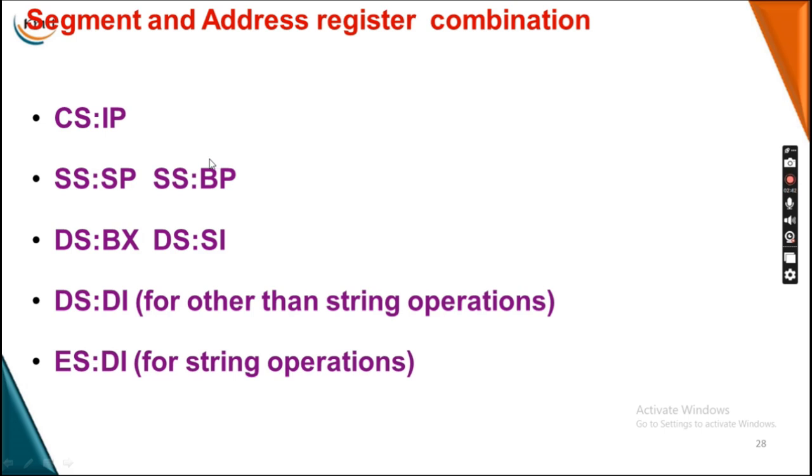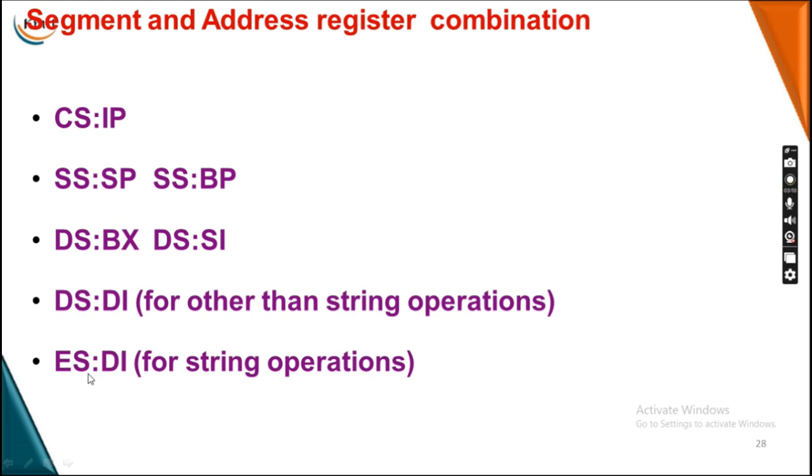For data segment, SI, source index, or we can call general purpose registers, BX, or we can also go for destination index, but other than string operations, the destination index should be used as offset address for the data segment.